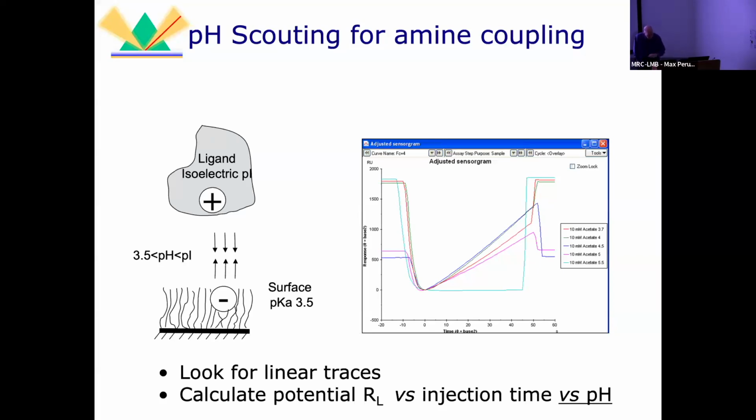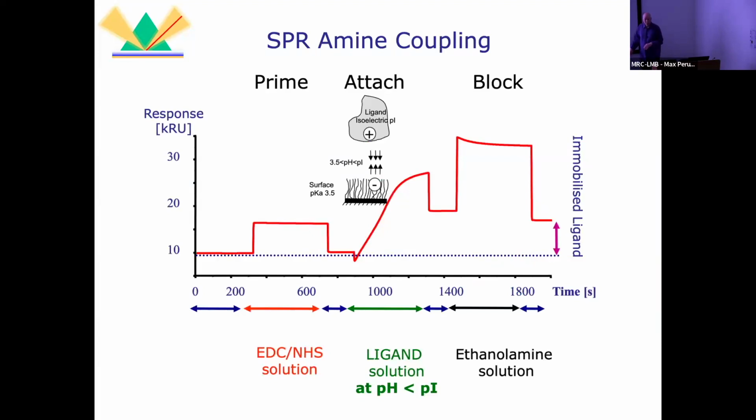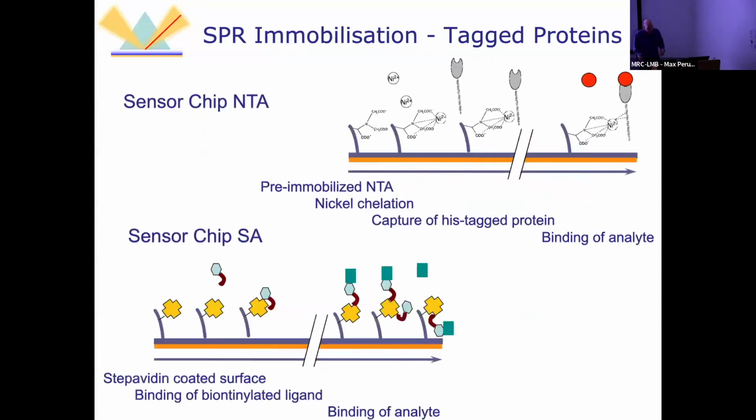And here's a theoretical example: you get a cross-linker on first, then you put the protein in at a low pH, it's attracted on in the middle there, then you switch into buffer and it gets washed off, except for the stuff that's covalently attached. Then you block the entire reaction with ethanolamine, so that quenches any free cross-linker.